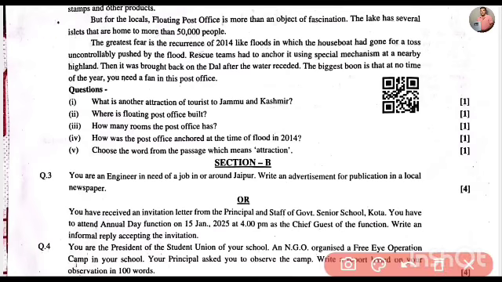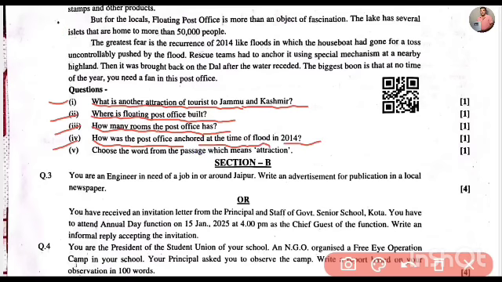You've been given a total of 5 questions. The first question is, what is another attraction for tourists in Jammu and Kashmir? The second is, where is the floating post office built? The third is, how many rooms does the post office have? And the fourth question is, how many rooms did the post office have at the time of the float in 2014? The fifth question is, choose the word from the passage that means attraction.